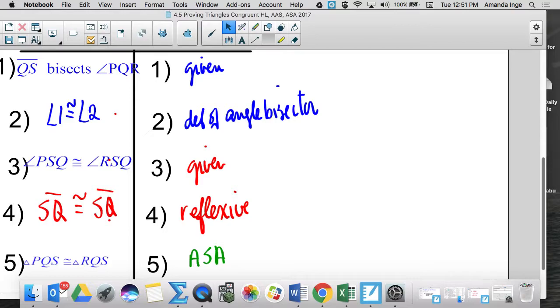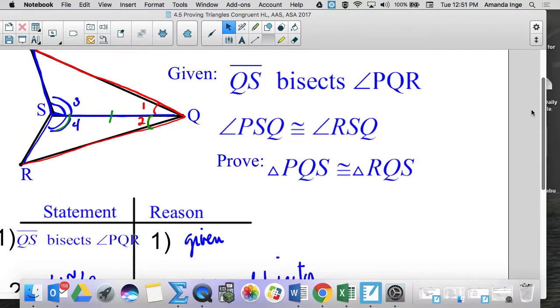Okay? So don't just look at the information you wrote down, but look at the information on the picture, because that is more helpful. Because like I said, if you point to it, you have an angle, a side, and an angle, you're more apt to get it right. Okay? Everybody good on that one?